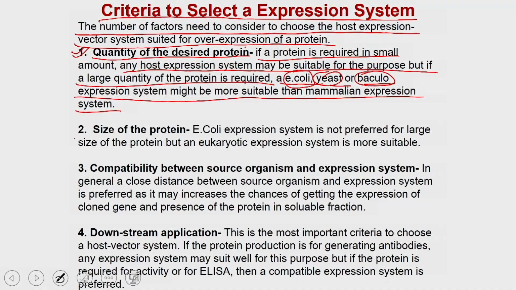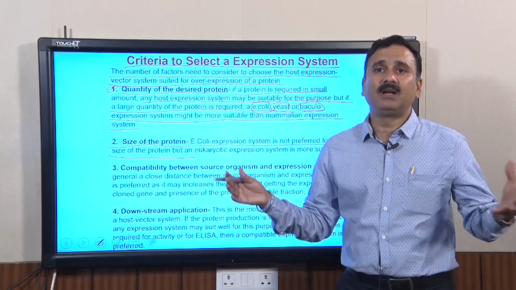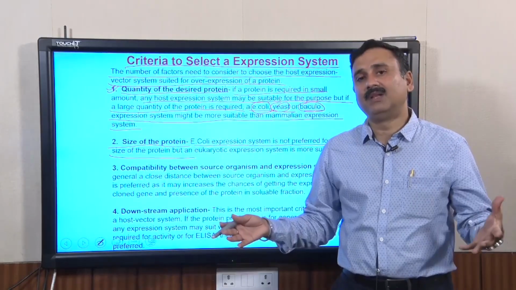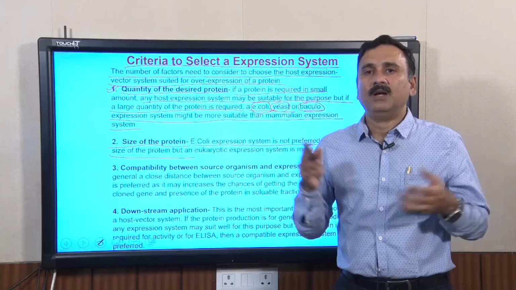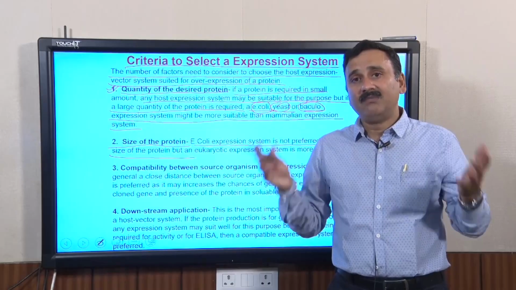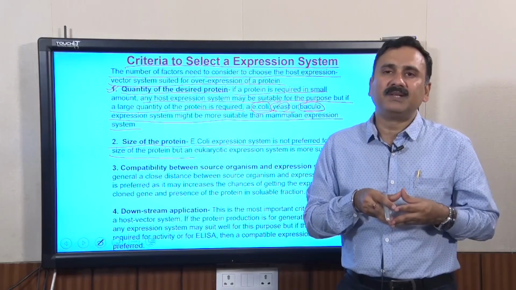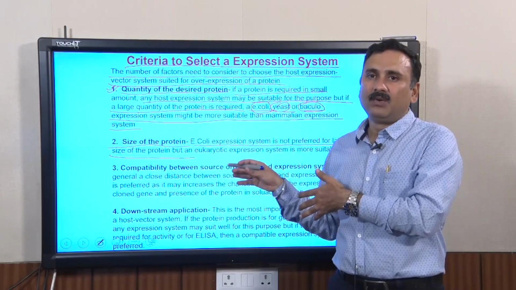Now, the second factor is the size of the protein. The E. coli or prokaryotic expression system is not preferred if the size of the protein is very large. For example, if you are interested in overexpressing a protein of 500 kilodalton, such as multimeric protein complexes, for example the pyruvate dehydrogenase complex, which is a multimeric multi-enzyme complex, these complexes will not overexpress optimally in the E. coli expression system.